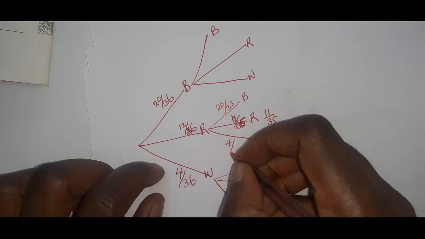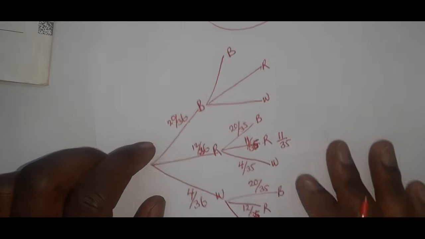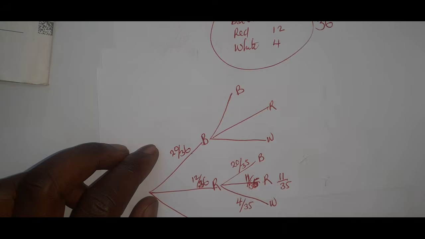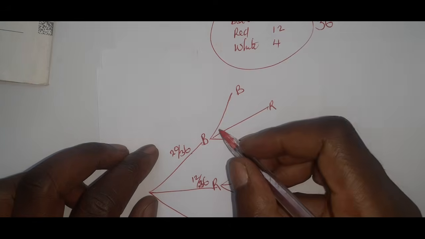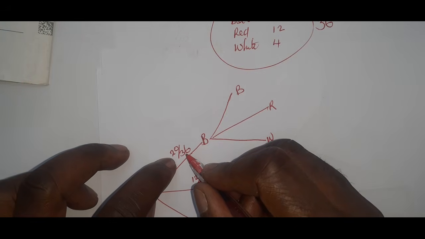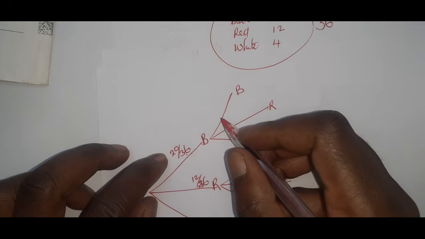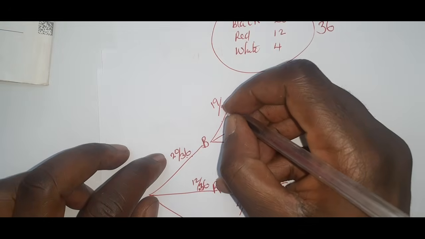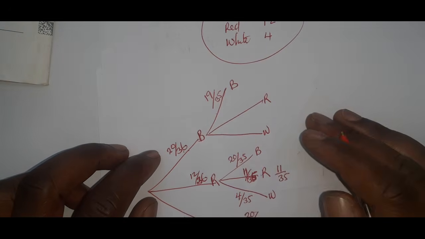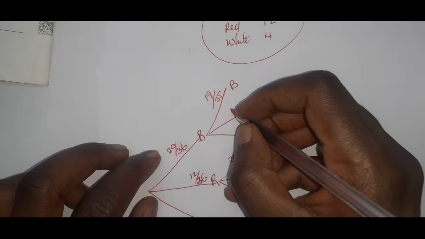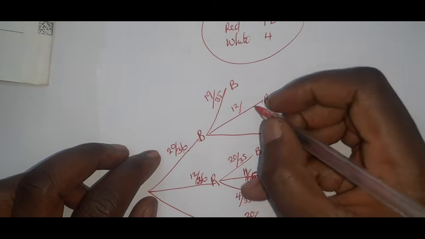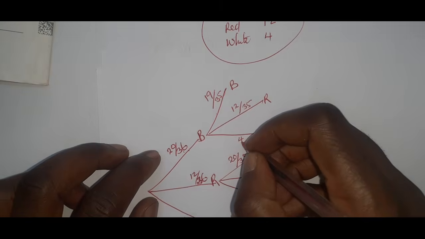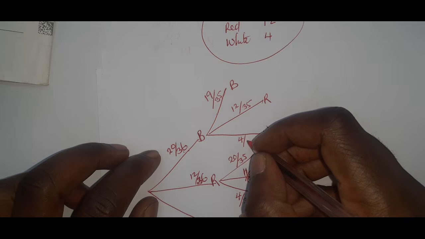This is still 4 over 35. What about this one? If the first one that was picked was black, what is the probability that the second one will also be black? This will be 19 over 35. It means these two are still the same, but the total number has reduced.